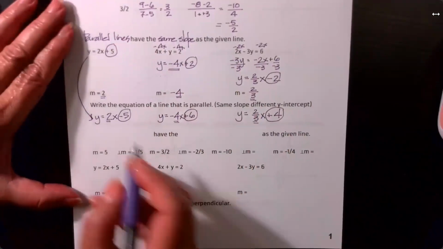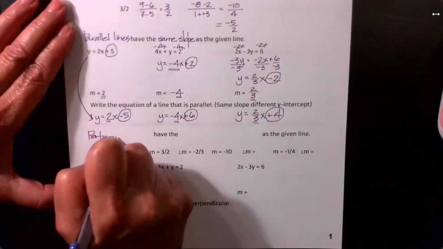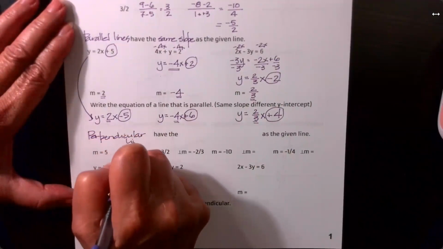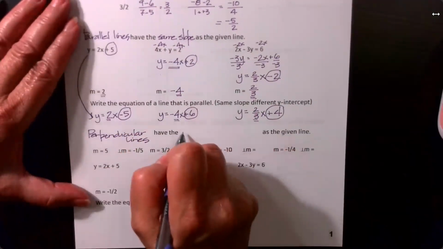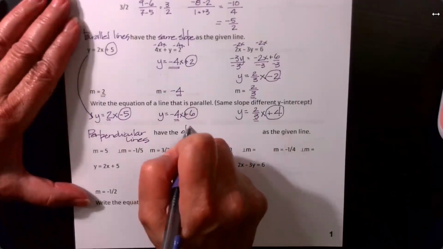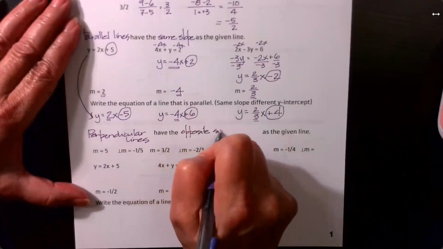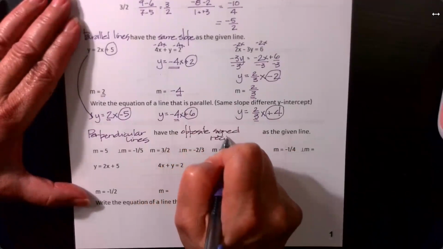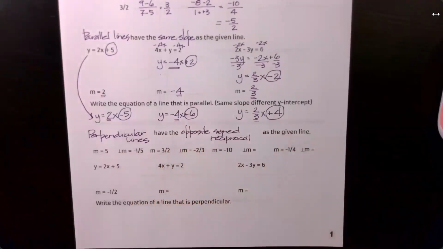Now, when we talk about perpendicular lines, they have the opposite sign reciprocal of the given line.